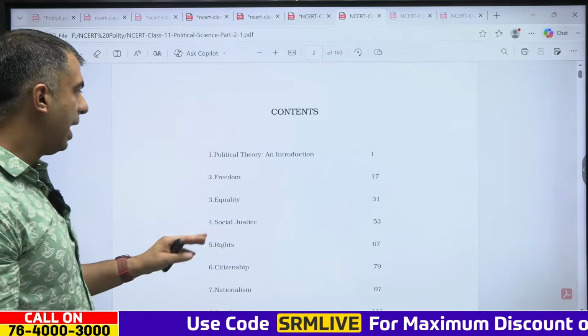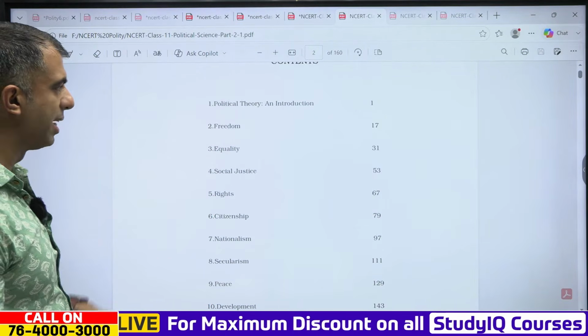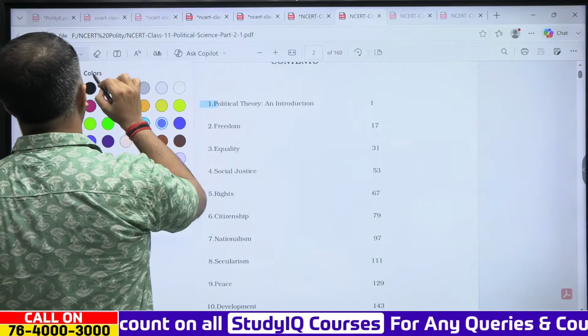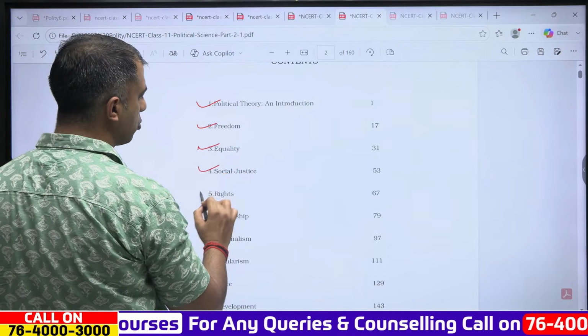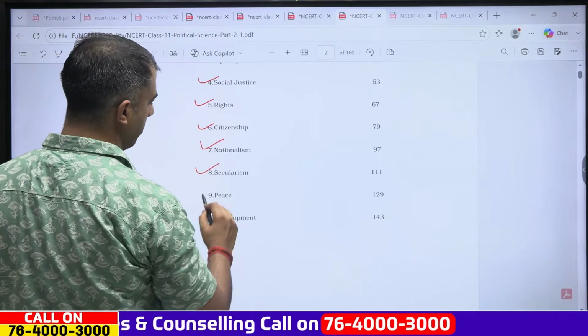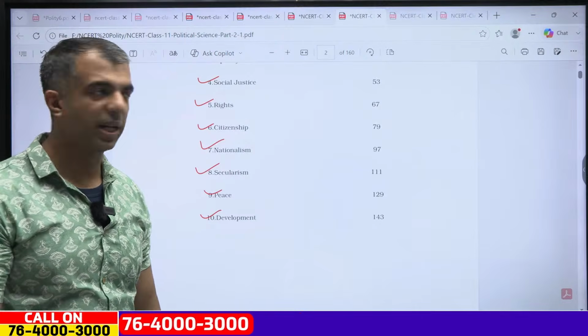In class 11th NCERT, political science part 2, the concepts around political theory are given. This has to be read: freedom, equality, social justice, rights, citizenship, nationalism, secularism, peace, and the entire concept of holistic development that has been covered as part of this.